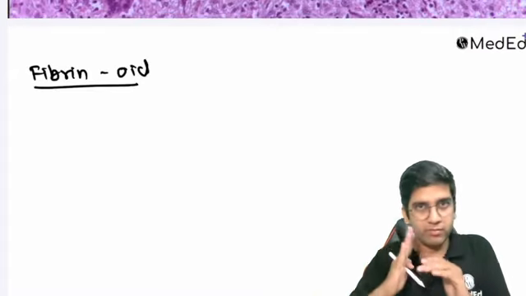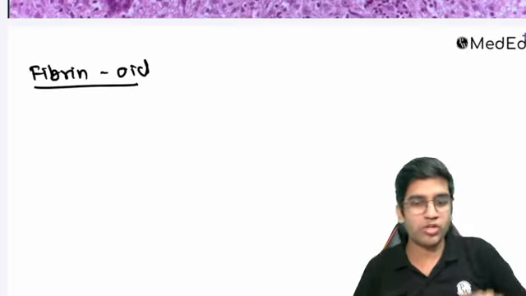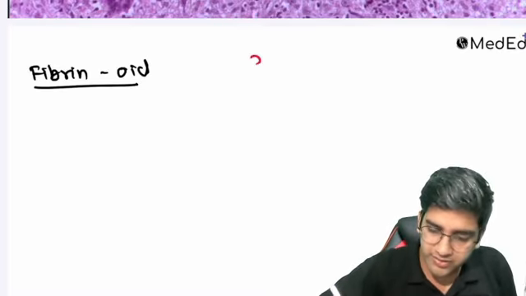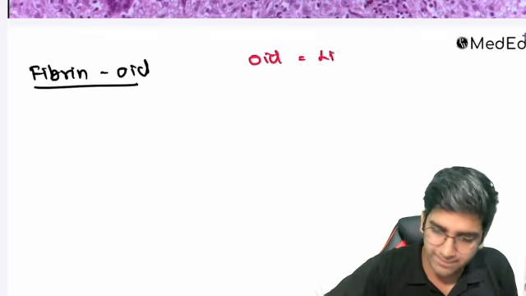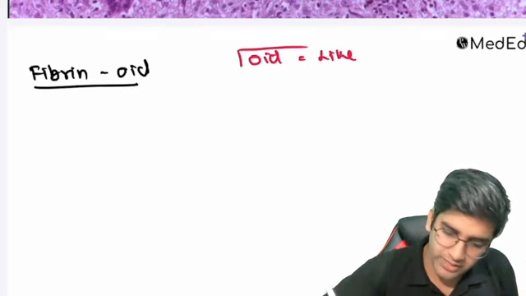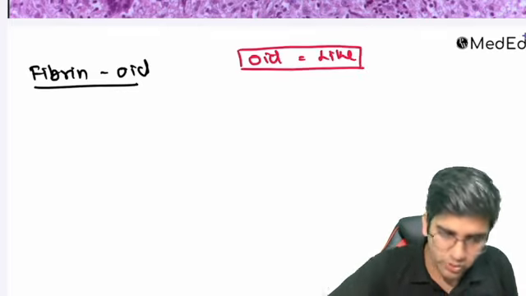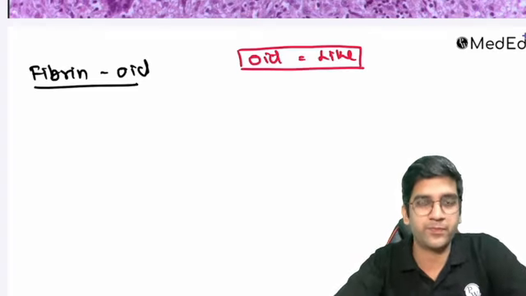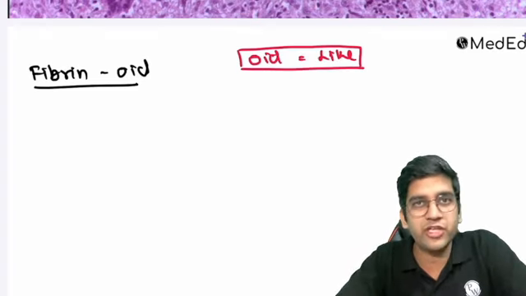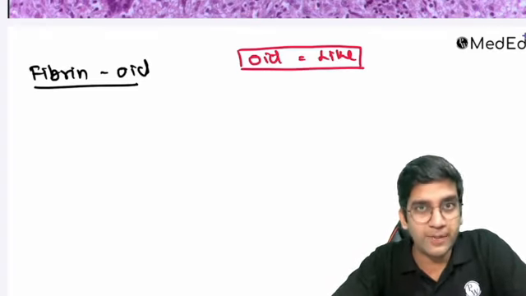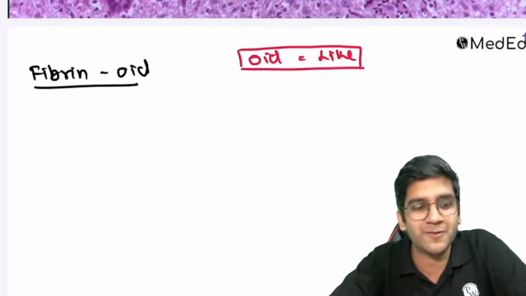It's fibrinoid, but I am splitting it because I want you to know what oid means. This you have to remember till you practice medicine. Oid means like. Never ever forget this. Fibrinoid means fibrin-like. Lymphoid means lymphocyte-like. Amyloid means amylin-like. Oid means like. So what does thyroid mean?